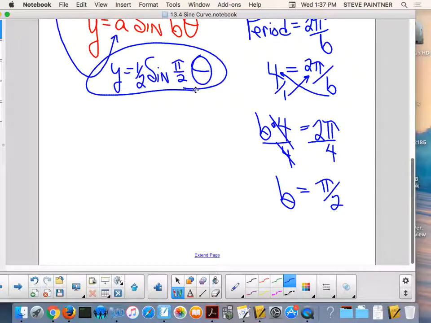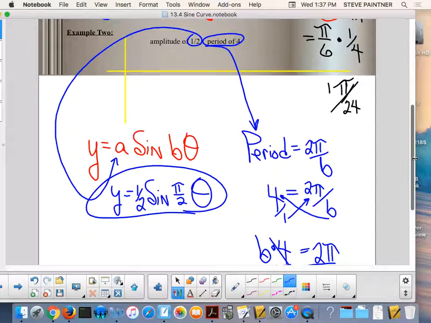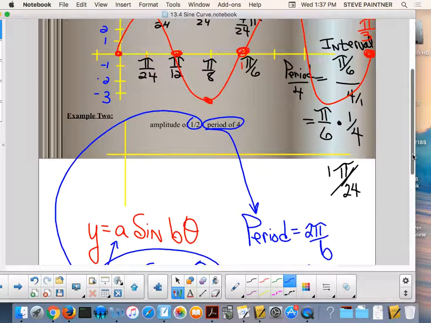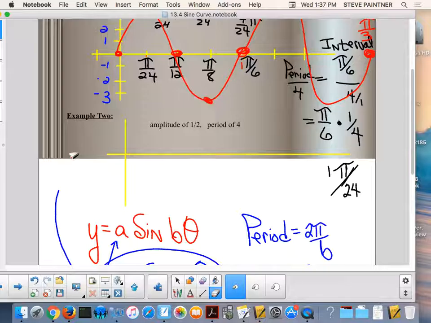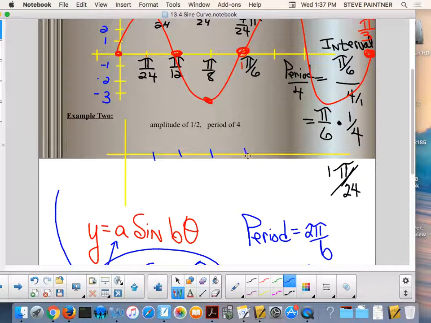Now we get to go what? Graph it, right? Let's go graph. What's the period? When you graph, you better know the period. What is it? 4. It's right there. It's right in front of us. So on the fourth interval, you know it's from 0 to 4, this wave repeats, right?